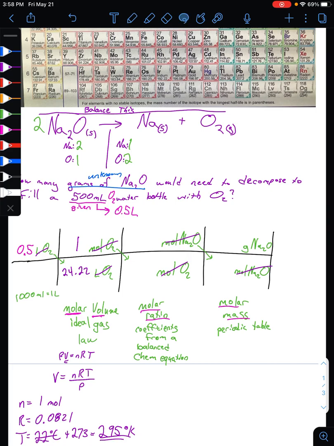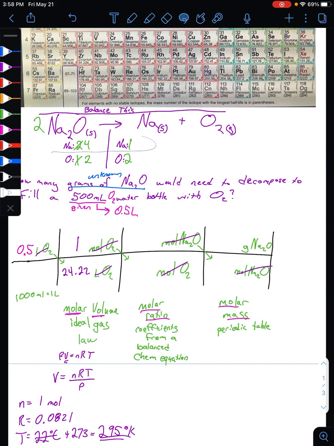But calculate each thing as it happens. 2 times 2 sodium is the first thing that happens. So I end up with 4 sodium. Then you've got 2 times 1 oxygen to get my 2 oxygen. Cool. Now, tackle the sodium problem.